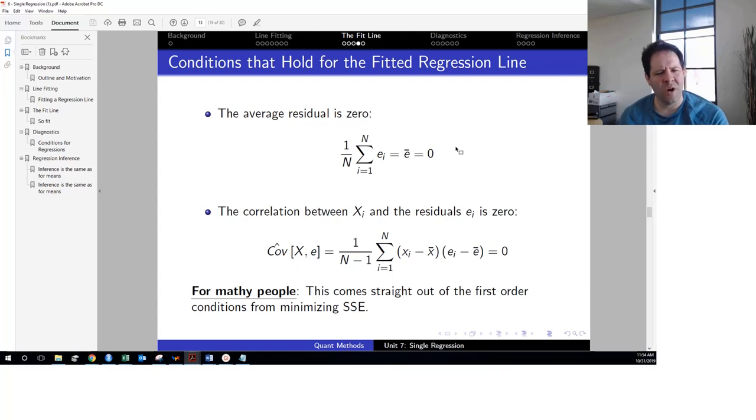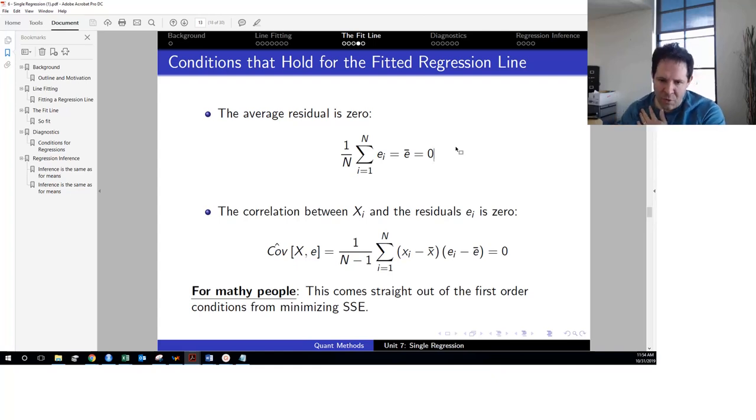There's another reason why these things hold. This is a minimization problem. We're minimizing the sum of squared errors, which is a function of the intercept and the slope for the line that we're choosing. This is a multivariate optimization, but what you effectively do is take the derivative and set that equal to 0 to find the minimum of this function.